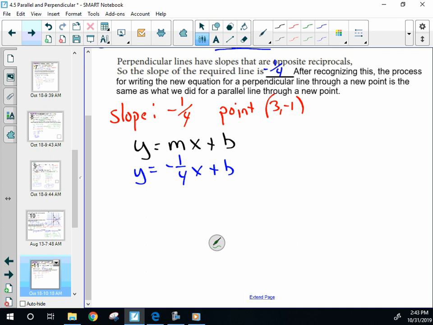I don't know the y-intercept, but I can find it, remember, by plugging in what? 3 for x, negative 1 for y, because if the point's on the line, it has to satisfy the equation so that both sides are equal. I just need to find the value of b that will do that.